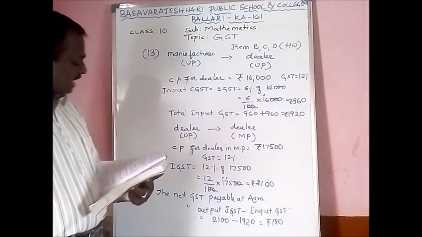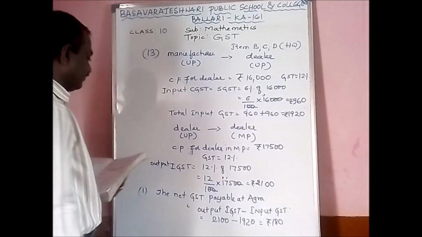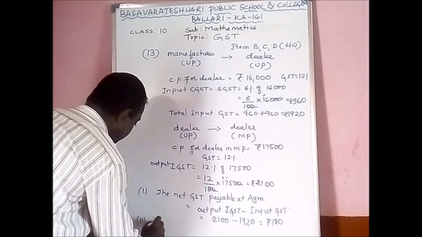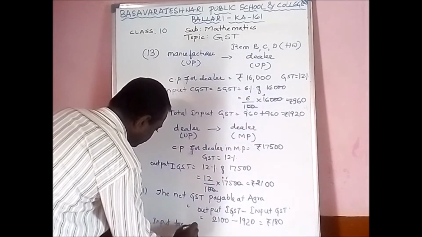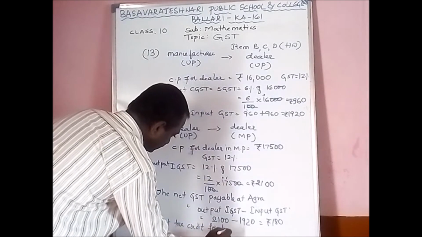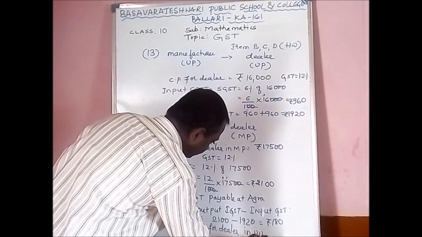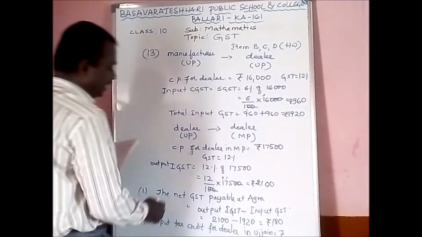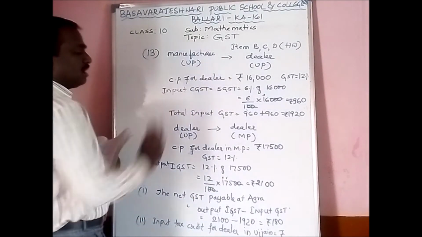So now, input tax credit for the dealer in Ujjain. Input tax credit for the dealer in Ujjain is nothing but what he has paid to the dealer in Agra.